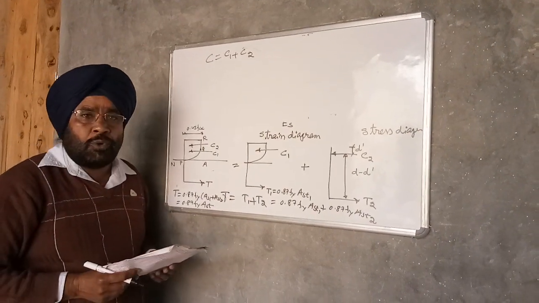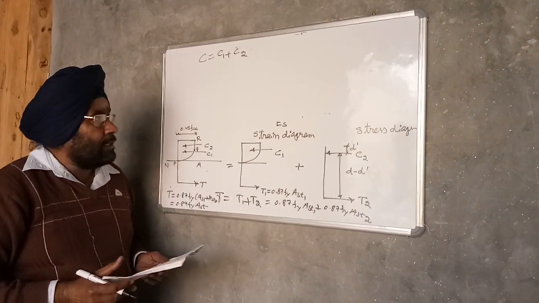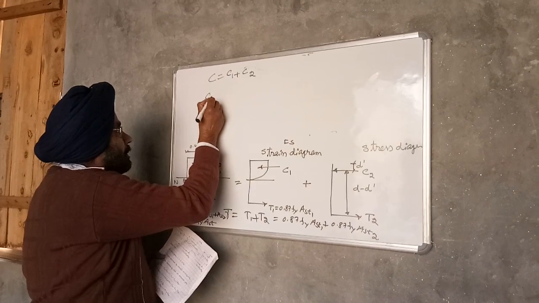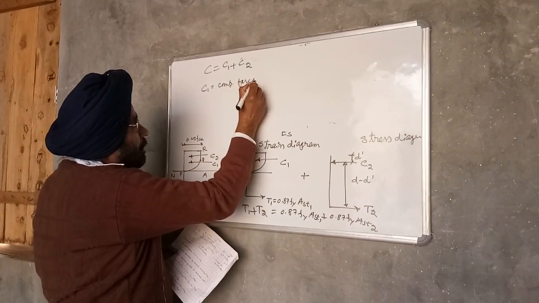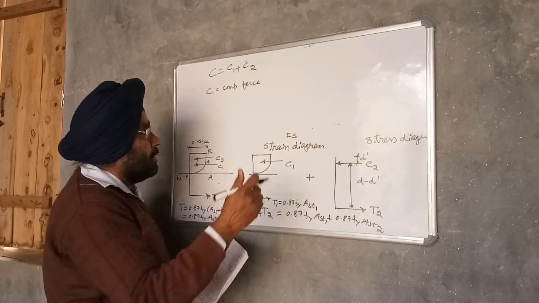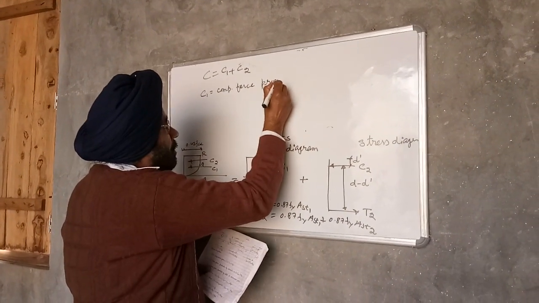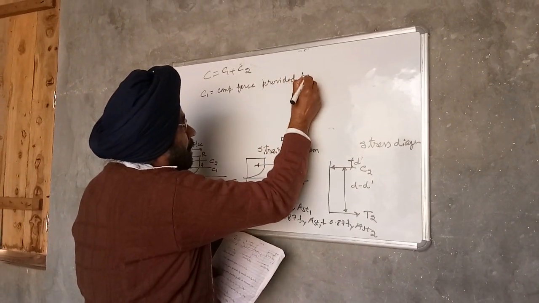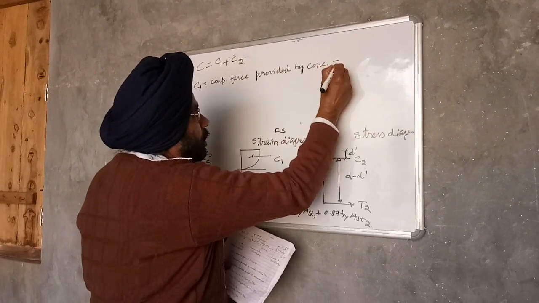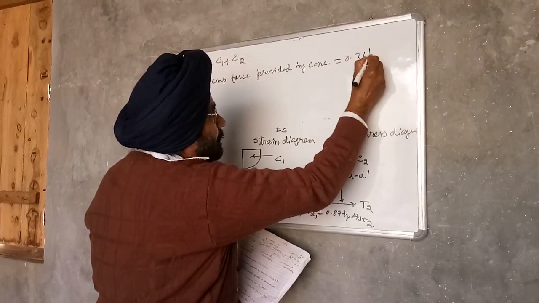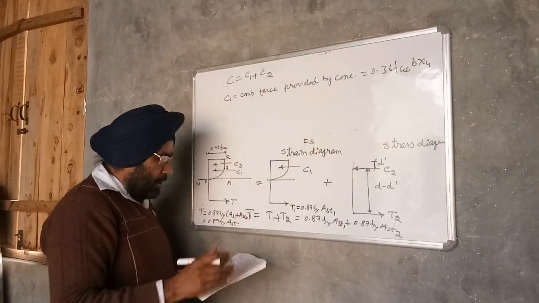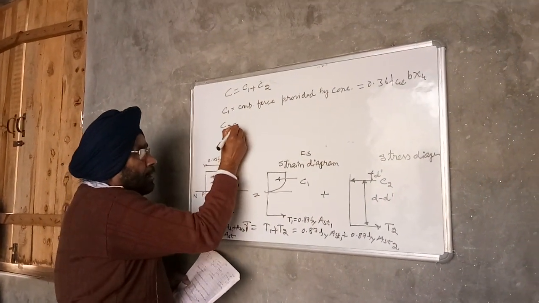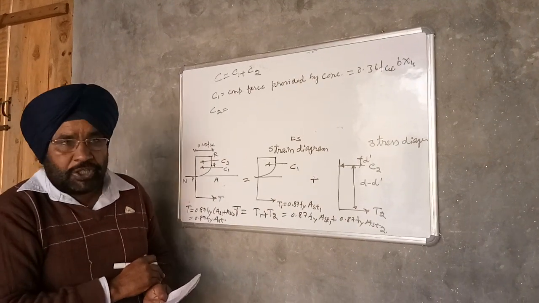C1 is the compressive force provided by the concrete. So this is equal to 0.36 fck b into xu.